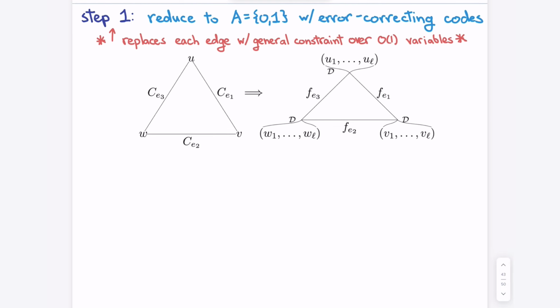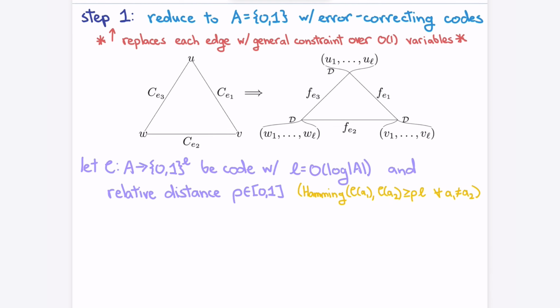So what's the idea behind the error correcting codes? You can take your alphabet and replace it with a code of length roughly log of the size of A bits, which is what you expect to encode A, with relative distance rho, some constant rho.